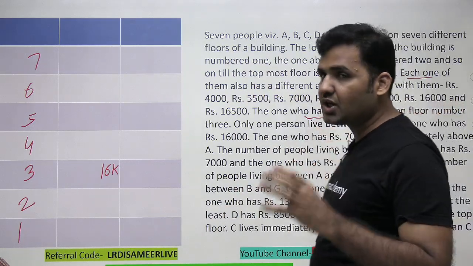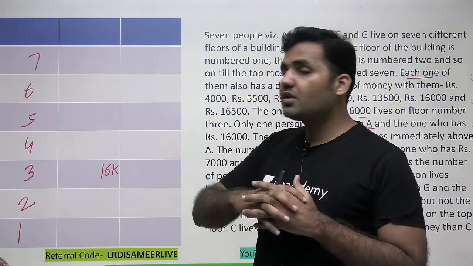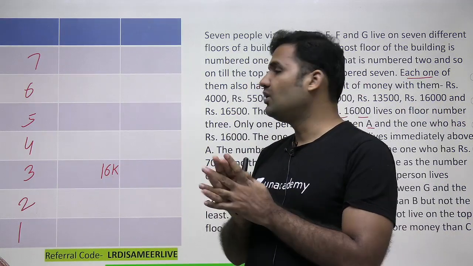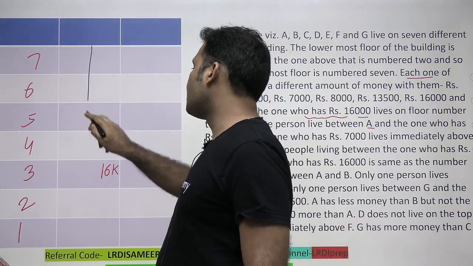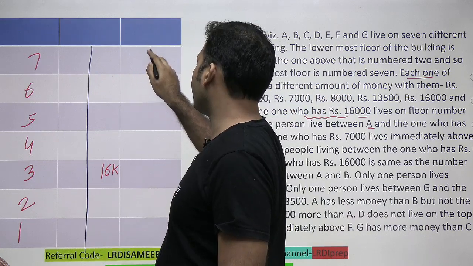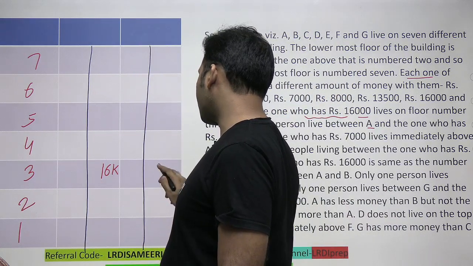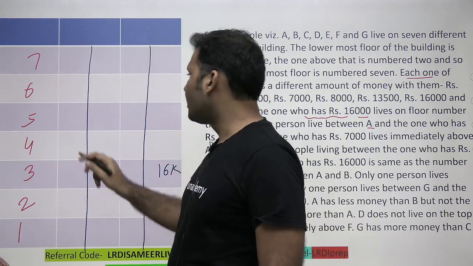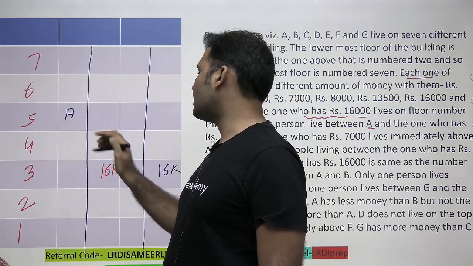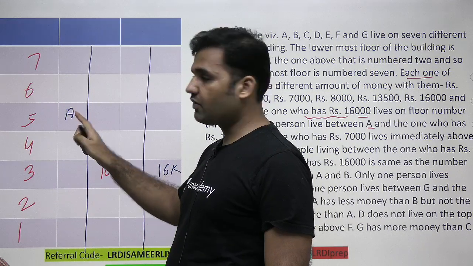So the logical way of getting yourself out of this is to make 2 cases. If it's not possible for you to go for one particular case, whenever this type of situation arises, you make 2 cases. One is a case where the gap between A and 16,000 is 1, where A will be living on floor number 1.